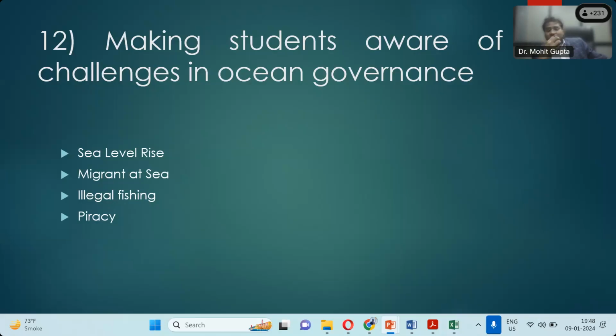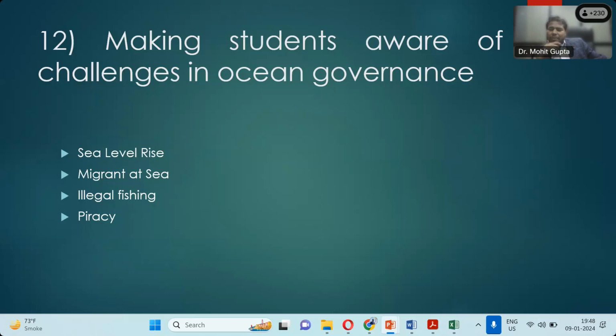Because, for instance, if sea level rise happens, then many nations will be wiped out. For instance, small island Pacific nations like Tuvalu, the Marshall Islands, Togo, those nations are small. Maybe they have a population of 10 lakh, sometimes less than that. But those nations are going to be wiped out if sea level rise happens.